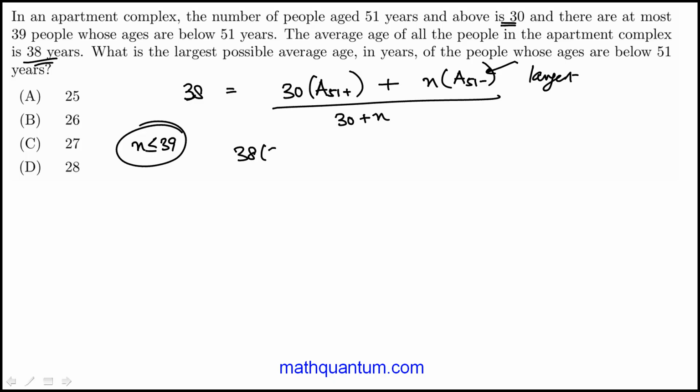So I'll rewrite this: 38 times (30 plus N), minus 30 times A51 plus, equals N times A for the younger group.